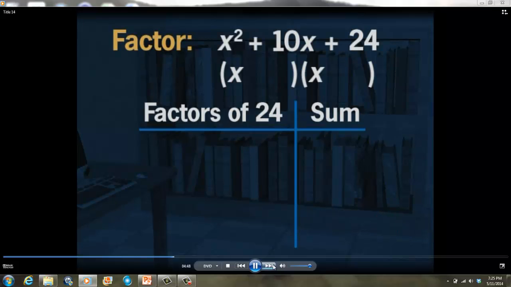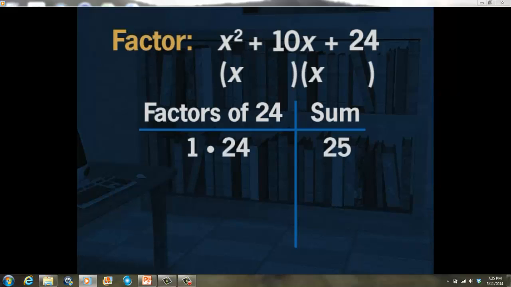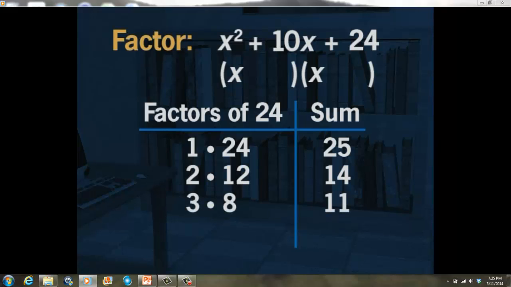Start by listing pairs of factors whose product is 24. Stop when you find a pair whose sum is 10. 1 and 24 have a sum of 25. 2 and 12 have a sum of 14. 3 and 8 have a sum of 11. 4 and 6 have a sum of 10.